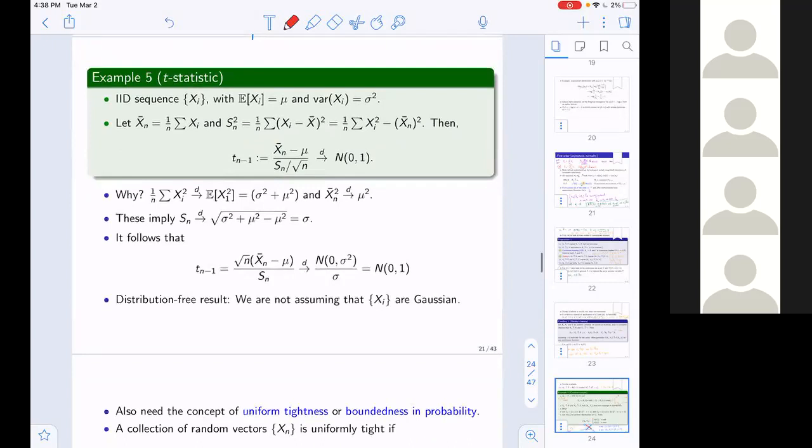So we have this expression for the sample variance, and this is for the sample mean. I form this so-called T statistic, which is a standardized version of the sample mean. You subtract the mean of x bar n, and we know that x bar n will have mean mu, and variance... so what is the variance of x bar n?